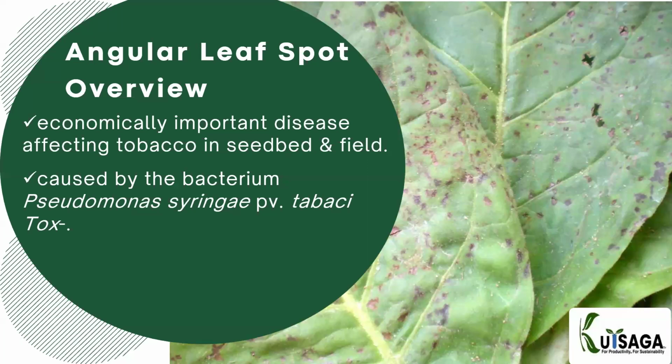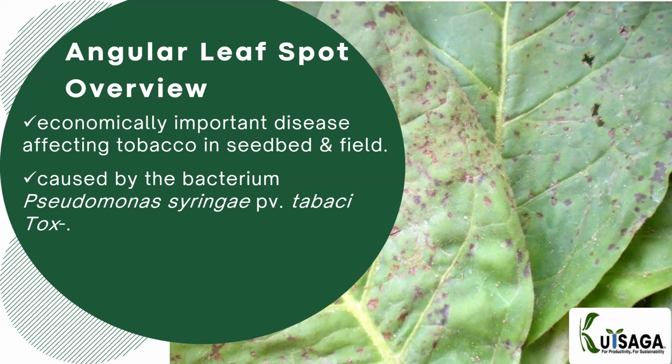So in most cases, you will hear of wildfire and angular leaf spot being caused by the same bacteria. But wildfire is caused by a toxin producing Pseudomonas syringae pathova tabaci. And then angular leaf spot is produced by Pseudomonas syringae pathova tabaci, which is non-toxin producing. So the TOX minus stands for non-toxin producing Pseudomonas syringae pathova.